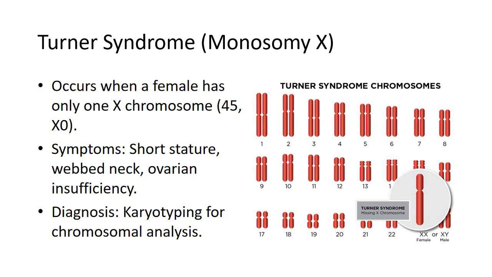Incidence: Turner syndrome occurs in about 1 in 2,500 live female births. Diagnosis: can be detected using karyotyping, a test that examines the chromosomes.